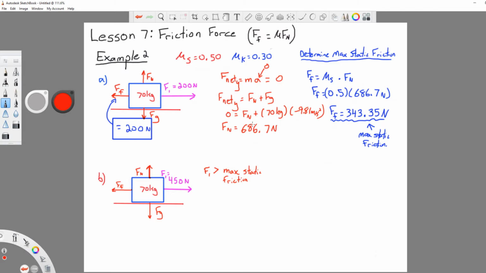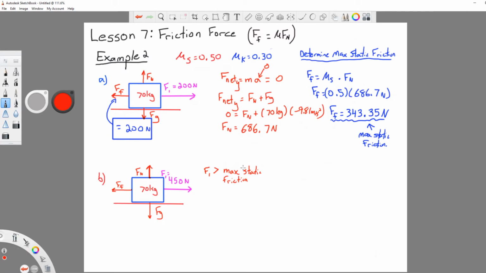That's very important because now our block can surpass this threshold. If we could say that pulling 450 newtons is stronger than this, it means it's going to start to move or accelerate to the right. Well, once this block begins sliding, the force of friction decreases. And we're actually going to use the coefficient of kinetic friction, which is 0.3, meaning that there's going to be even less friction in part B than there was in part A, simply because we pulled it hard enough to make it start moving.